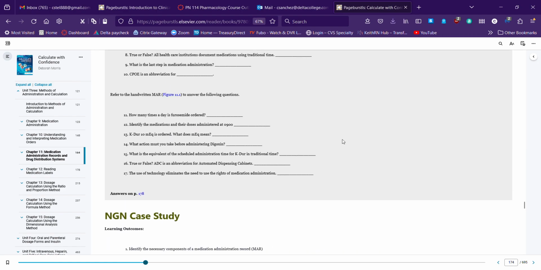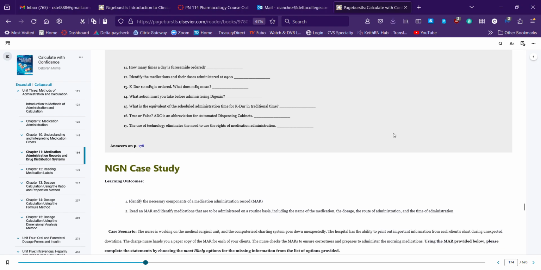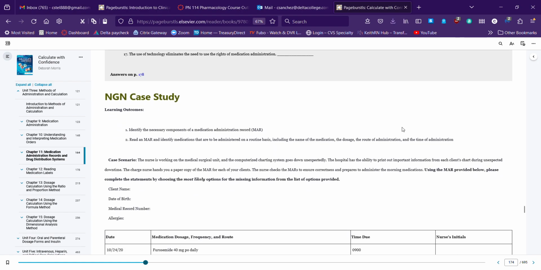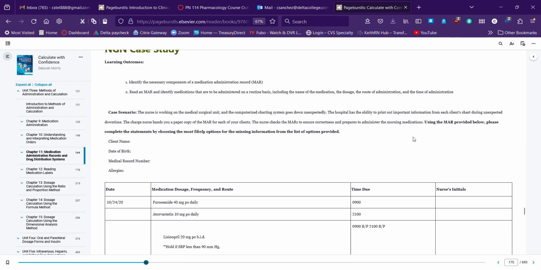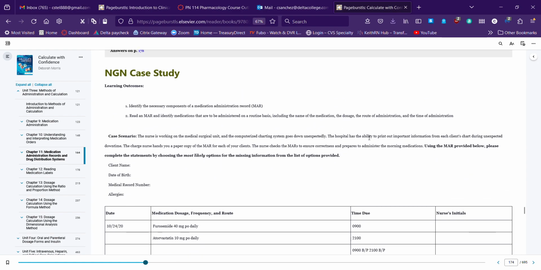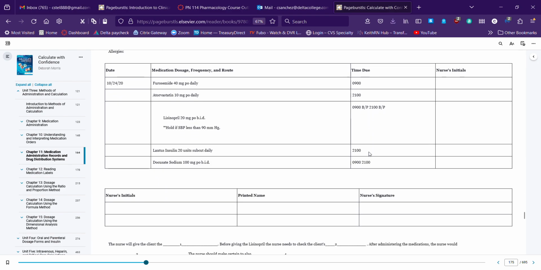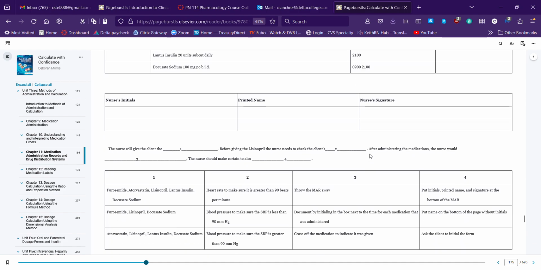So this is similar to what you will have on your exam. Okay, you're going to have a MAR, and then you're going to have questions like this. So it's going to ask you questions related to that MAR, and I'm going to see, okay, do you understand how to read that medication administration record? NGN style case study, y'all. I can't stress enough how important it is to do these case studies and really get this practice with the NGN.